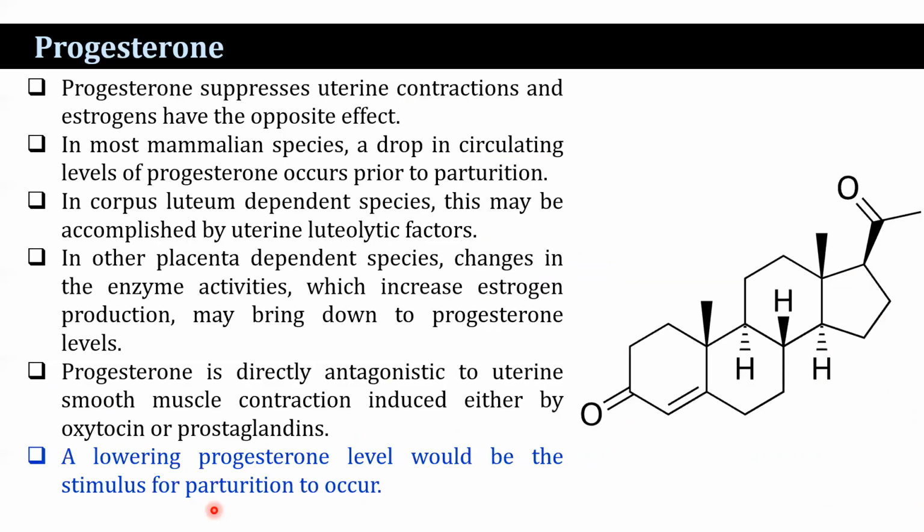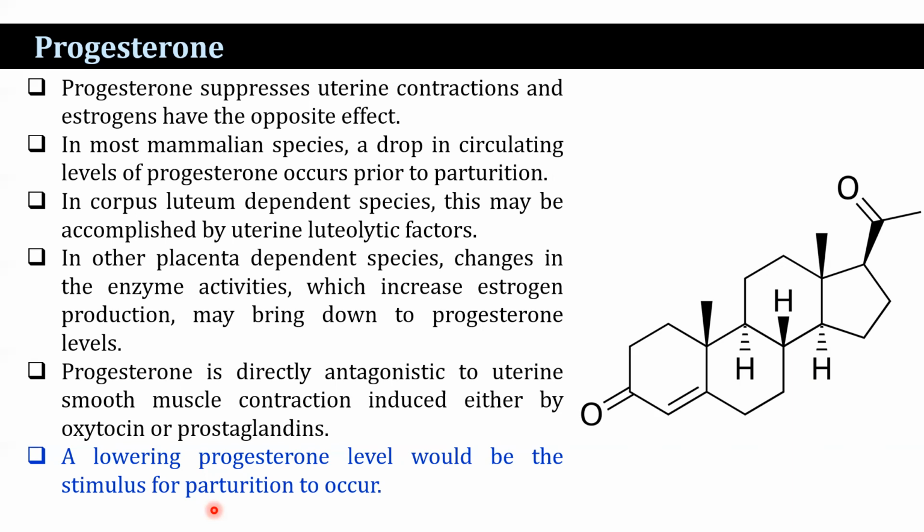So the first one, progesterone. Progesterone suppresses uterine contraction, whereas estrogen has the opposite effect. In most mammalian species, a drop in circulating levels of progesterone occurs prior to parturition. In corpus luteum dependent species, this may be accomplished by uterine luteolytic factors, whereas in placenta dependent species, changes in the enzyme activity increase estrogen production that may bring down the progesterone level.